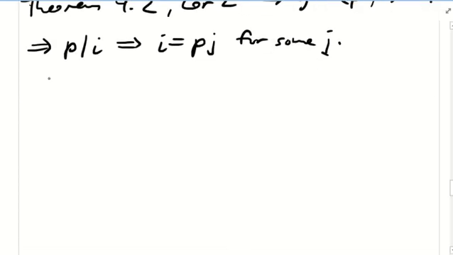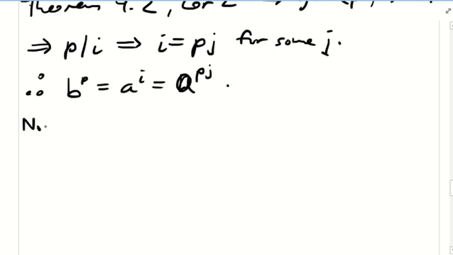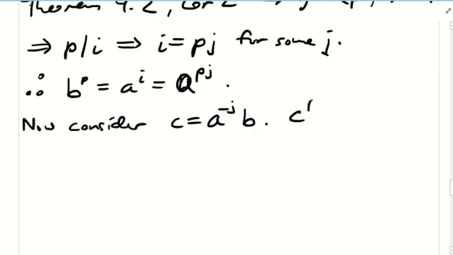So let's put it all together. B to the p is A to the i, which is A to the pj. Okay? Now consider something completely different. Sort of C, which is A to the minus j B. Then C to the p, it turns out, is B to the p times A to the negative jp.